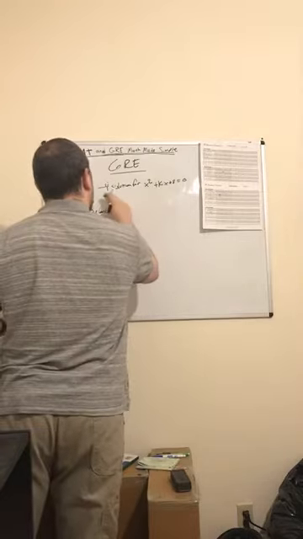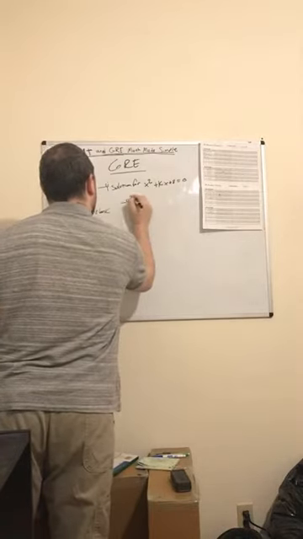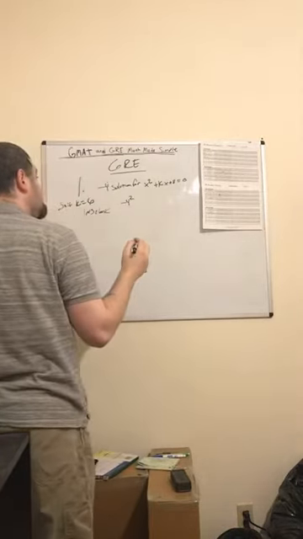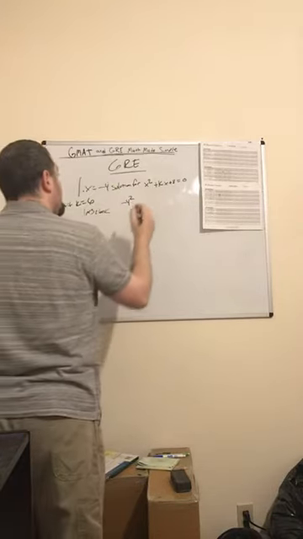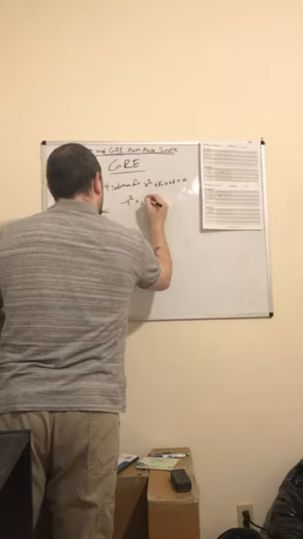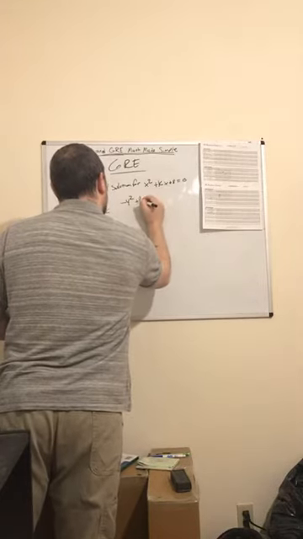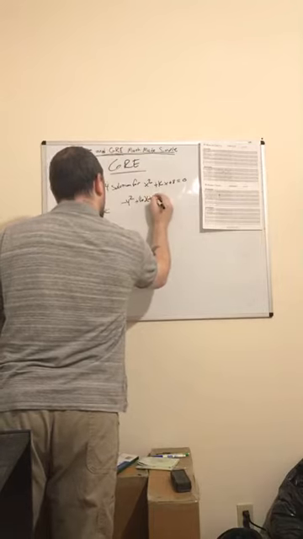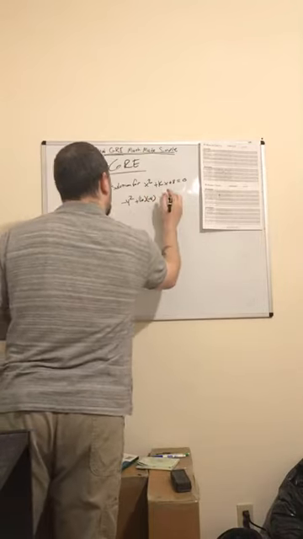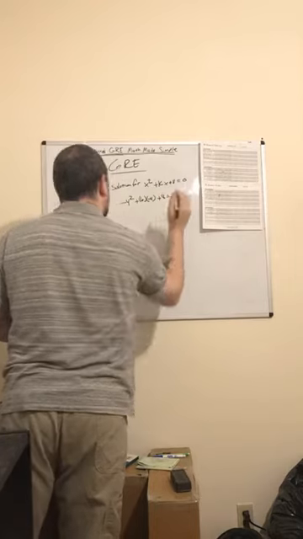We have negative 4 squared, like we did last time, plus 6 times negative 4, keep those together, plus 8 equals 0.